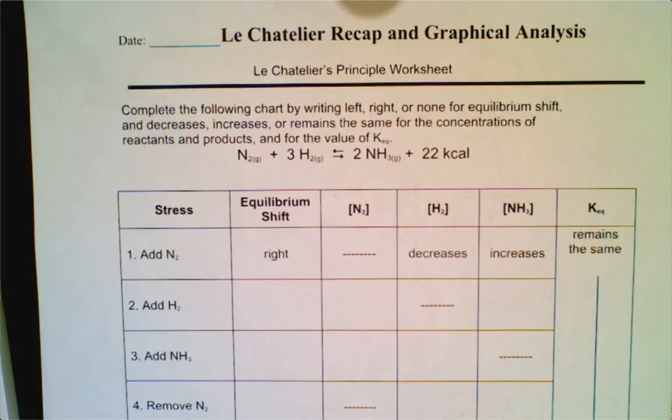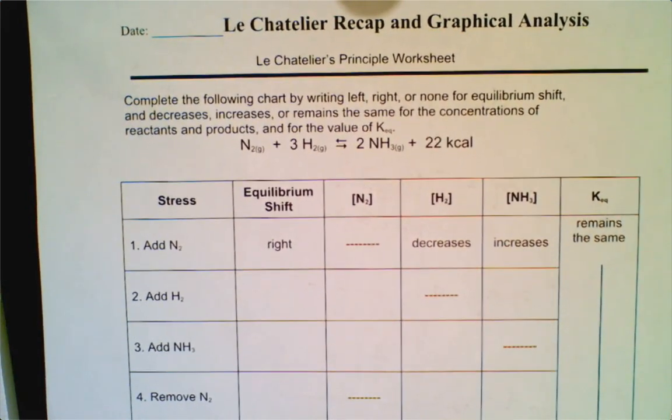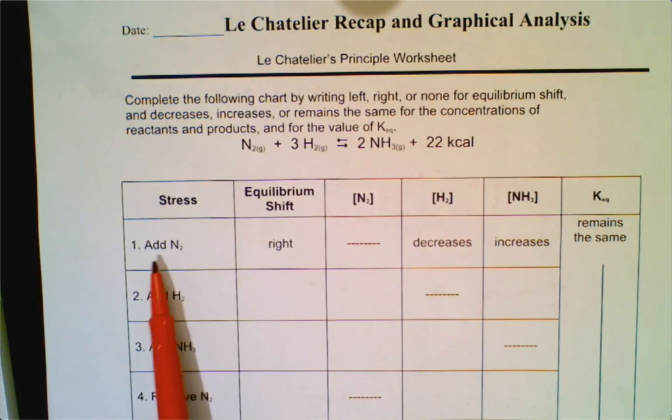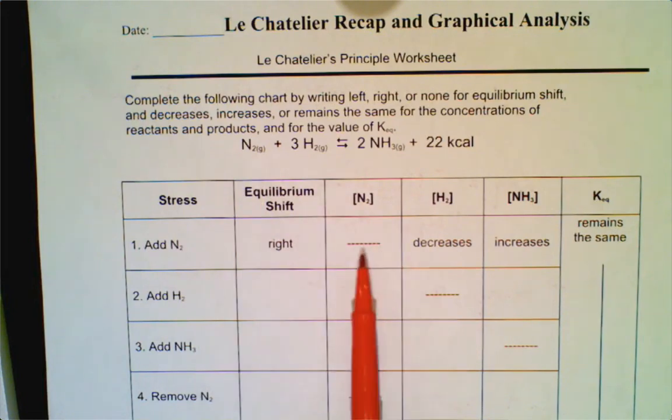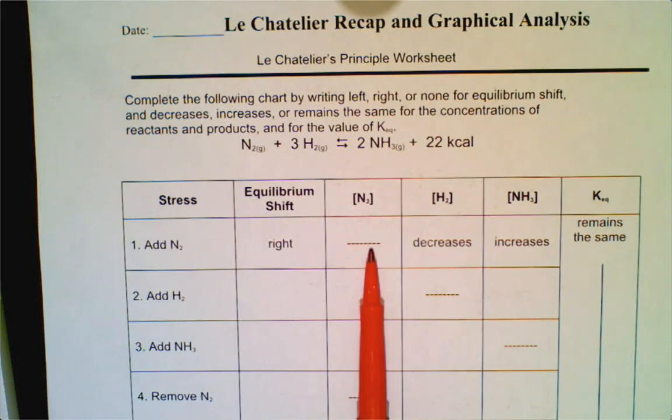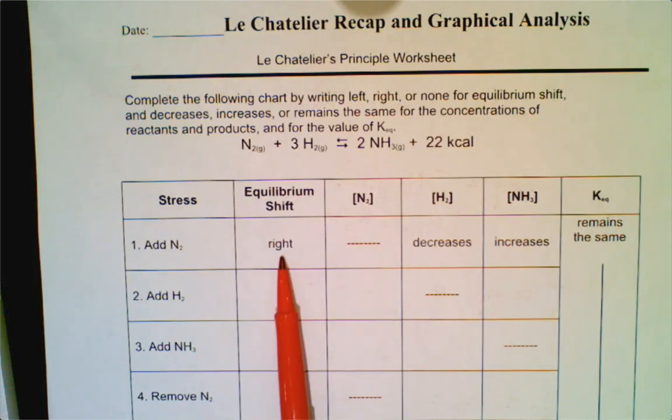So let's take a look at how various stresses applied to this system at equilibrium will have an effect. If we add some N2, so we increase this concentration, this will be shown as the stress here. What will happen? Well, the system will shift to the right.